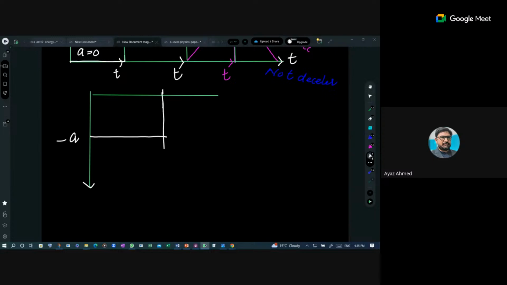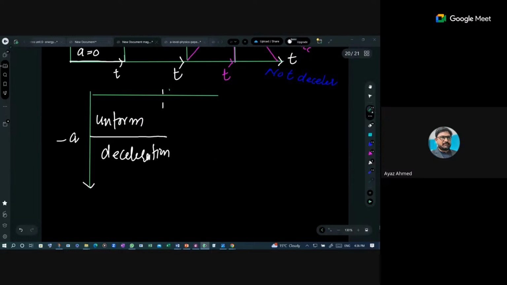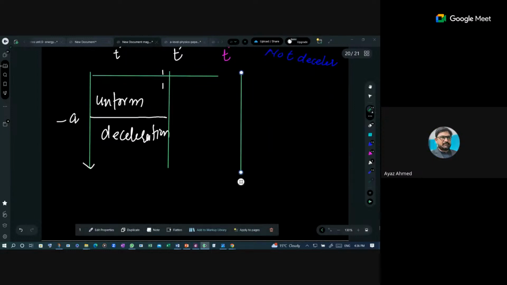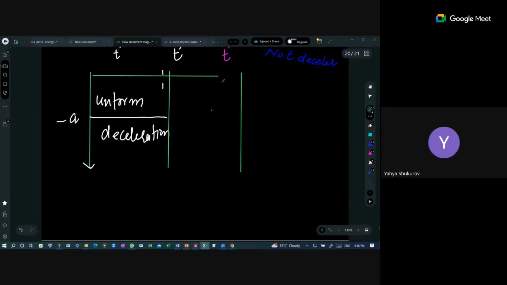So this is your deceleration time graph, uniform deceleration. Then we have increasing deceleration, and then I will draw a graph of decreasing deceleration.